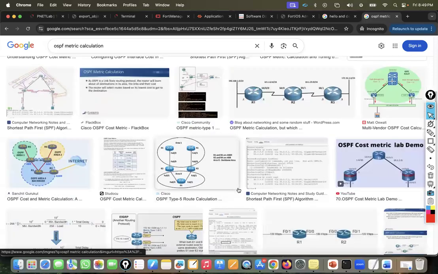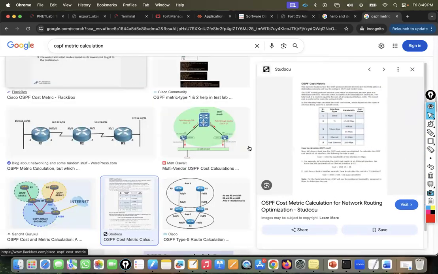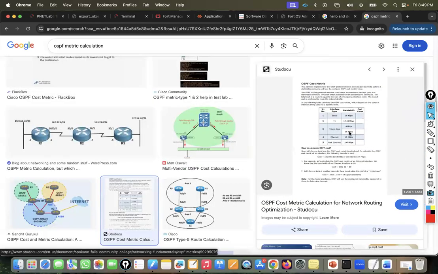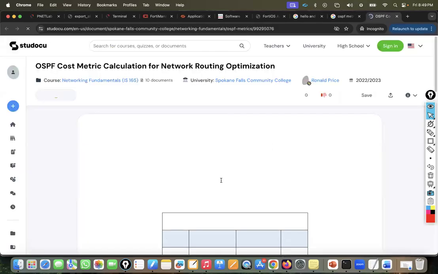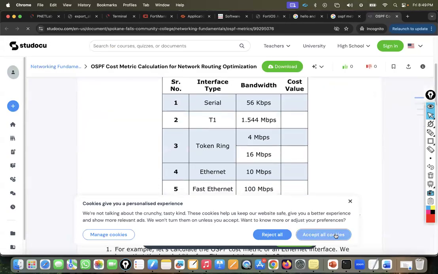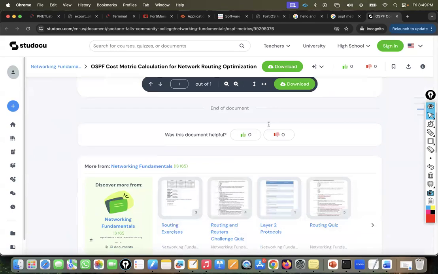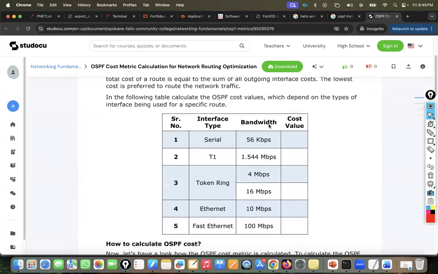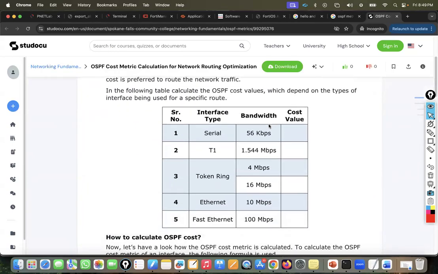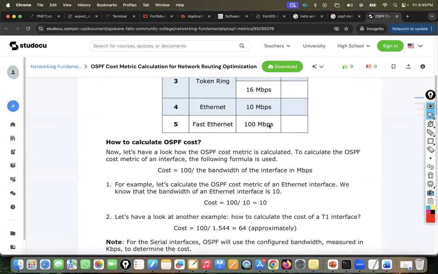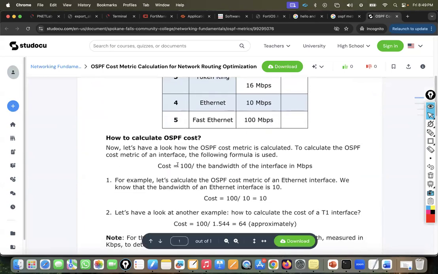You can see here. If you have serial links, they are not given a cost value. Okay, so this is the reference bandwidth.